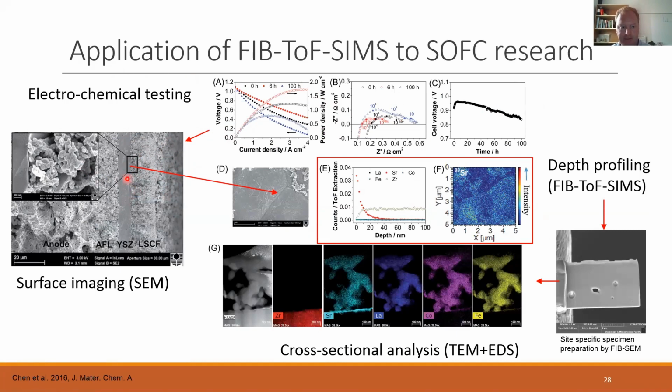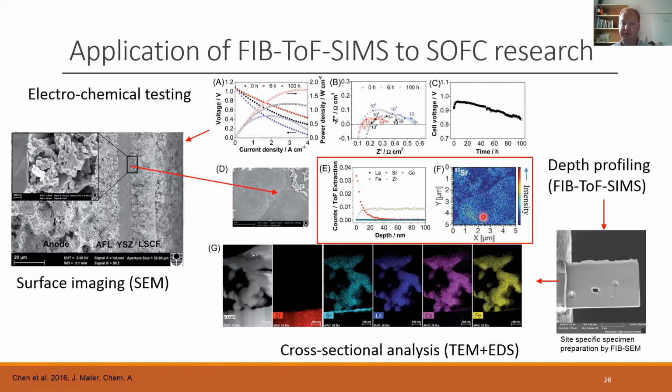In this case, we're looking at the interface between a lanthanum, strontium, cobalt, iron-based electrode with the yttria-stabilized zirconia electrolyte, and we look at this immediate interface, and we can depth profile the concentration of strontium at the interface. We can do lateral imaging of the strontium concentration. You can see here there's a grain boundary in the yttria-stabilized zirconia with a slight depletion.